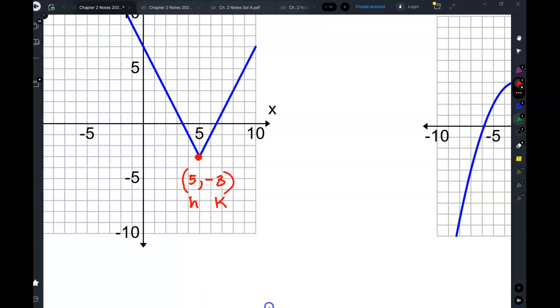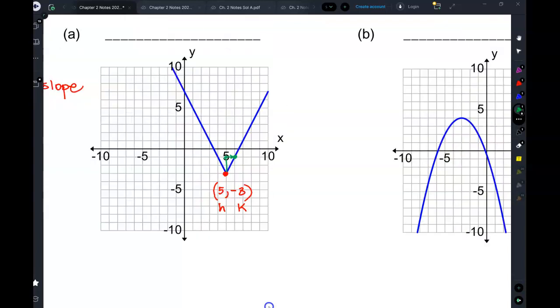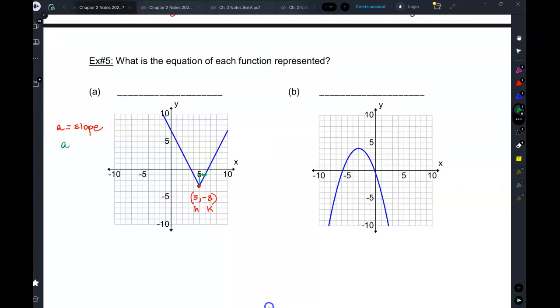Now pick a second point. Let's pick this one. What's the slope here? I go up 2 over 1. So slope is 2. So my a value is 2. Is it positive or negative? Positive because it faces up, right?